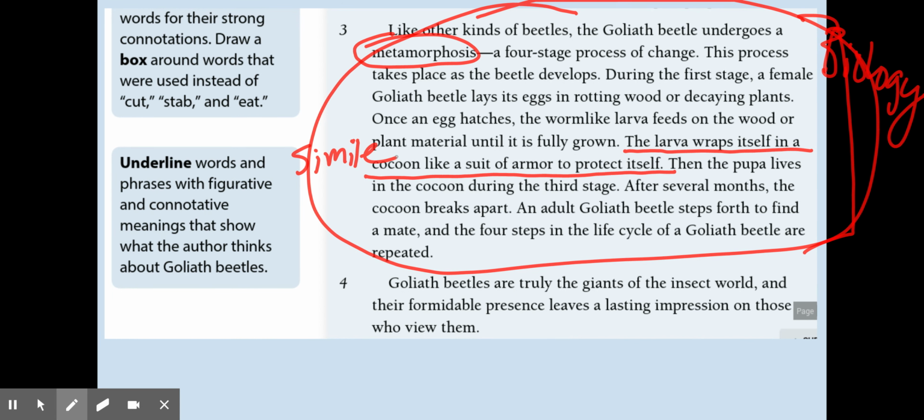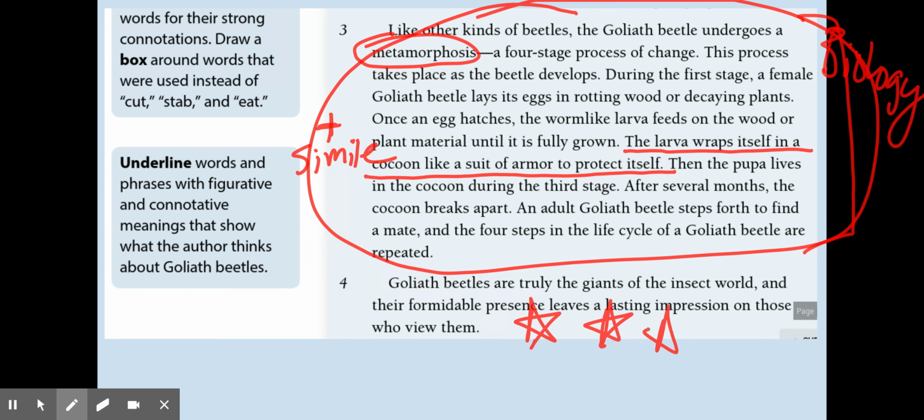And because it's trying to protect itself, it's got a much more positive connotation, telling you how it is able to still self-protect and doesn't need outside help, even in a very technical passage. And our last one, the last paragraph, says Goliath beetles are truly the giants of the insect world, and their formidable presence leaves a lasting impression on those who view them. This makes them seem like the stars of the insect world.